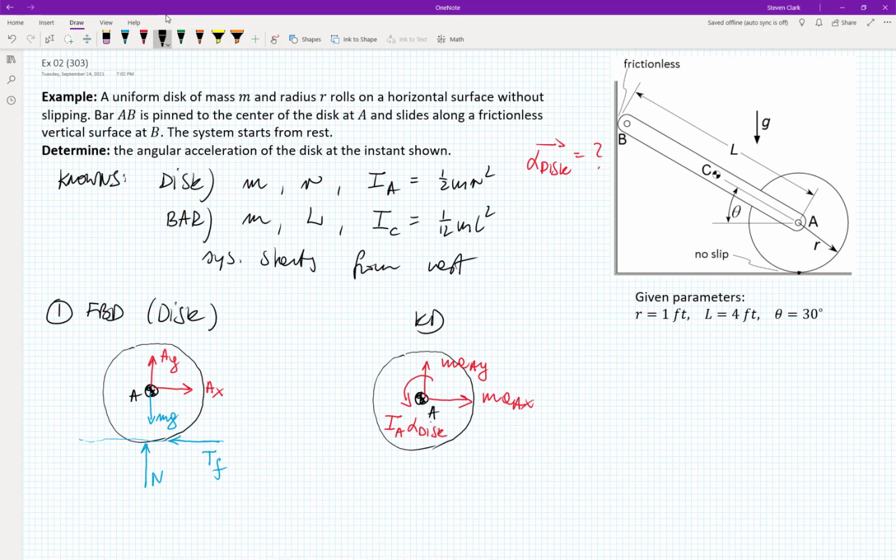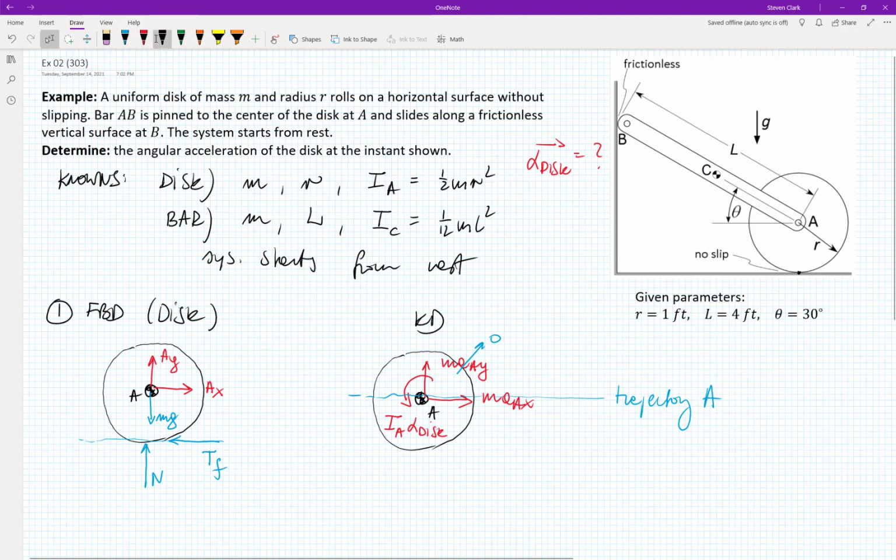Question to you. Can you tell me something about these accelerations? How about value of a_Ay? It is 0, exactly. This guy is 0, because this is the trajectory of point A. A cannot leave that horizontal surface.